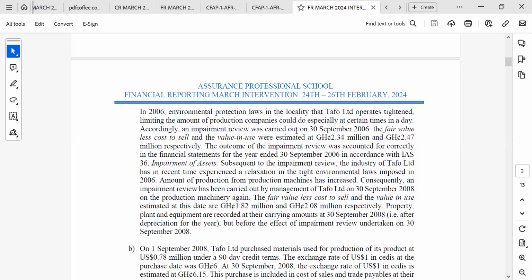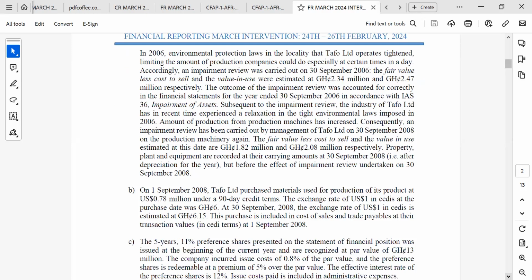The exchange rate of $1 in cedi at the purchase date was 6 cedis. At 30 September 2008, the exchange rate of $1 in cedi is estimated at 6 cedi 15 pesewas. This purchase is included in cost of sales and trade payables at their transaction value in cedi terms at 1 September 2008.